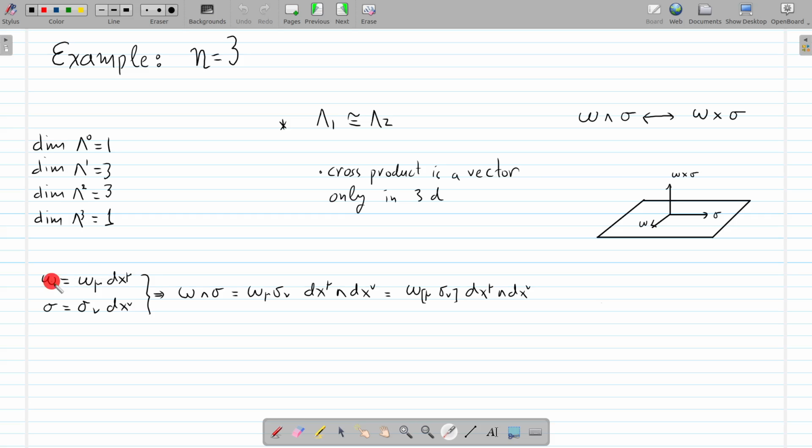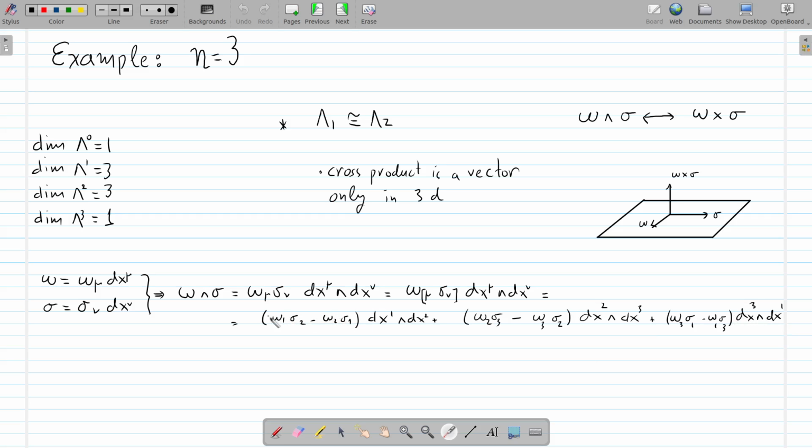If we consider 2 1-forms, omega and sigma, then their wedge product is given by definition by this formula. So if we expand the summation over mu and nu here, we will end up with a linear combination of dx1 wedge dx2, dx2 wedge dx3, and dx3 wedge dx1.